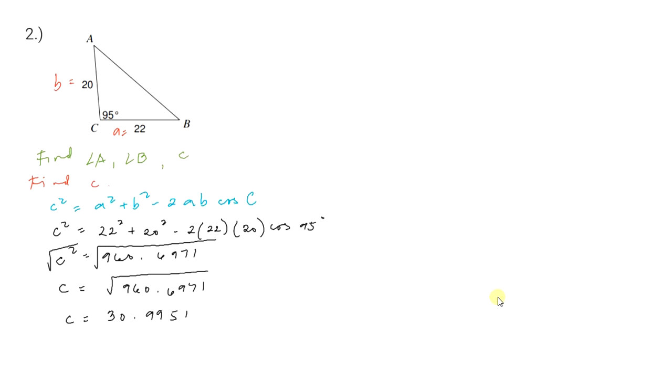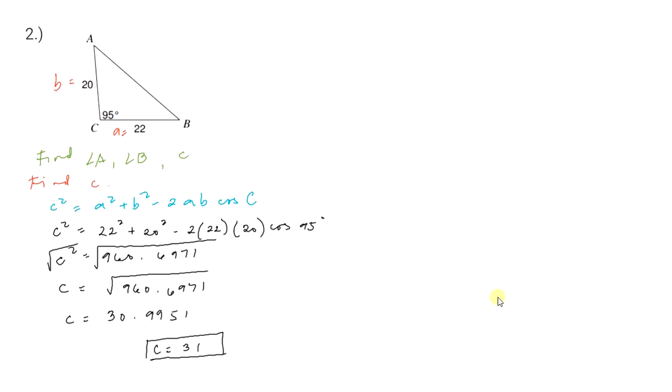But according to the instruction, the value of your C should be in 2 significant digits. So your C here is equal to 31. That is our final answer for the side C.